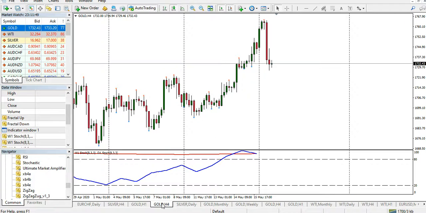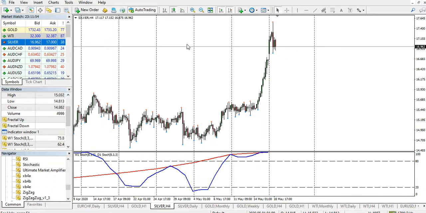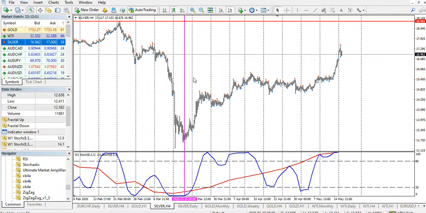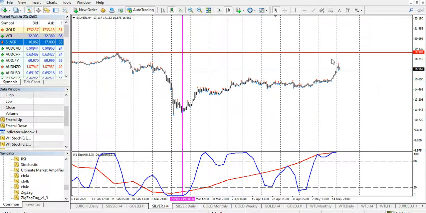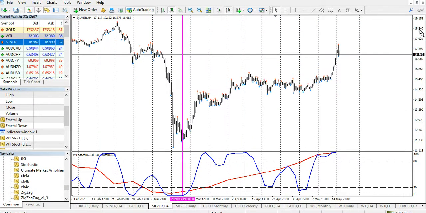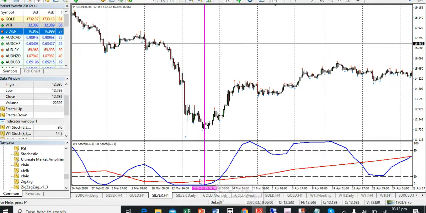So if we go here, I'm going back to silver, we are going to see the times that both indicators are in the same zone. I've marked those with these pink lines. When we have those lining up, they're in the same zone. If they're both in the buy zone, then we're going to look to buy. And if they're both in the sell zone, then we're going to look to sell.